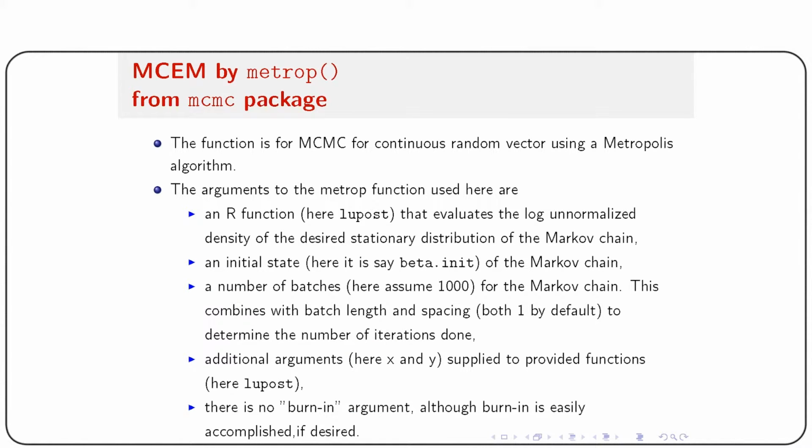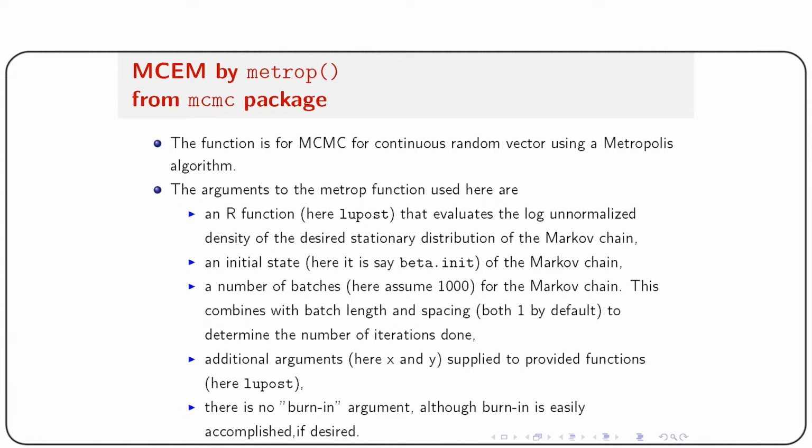So MCEM by the Metrop function from the MCMC package. The function is for MCMC for a continuous random vector using a Metropolis algorithm. The arguments to the Metrop function used here are an R function that evaluates the log unnormalized density of the desired stationary distribution of the Markov chain, an initial state of the Markov chain, and a number of batches for the Markov chain.